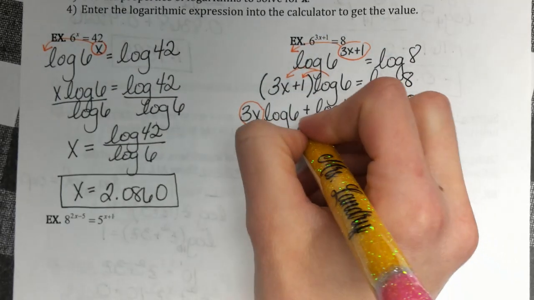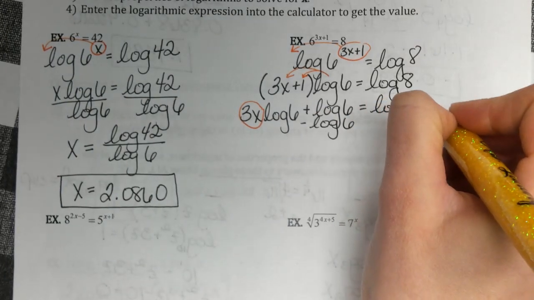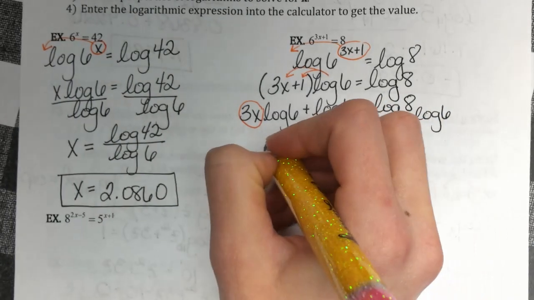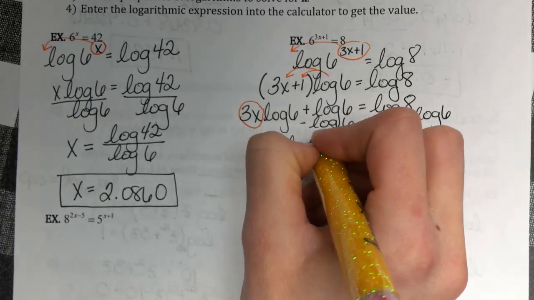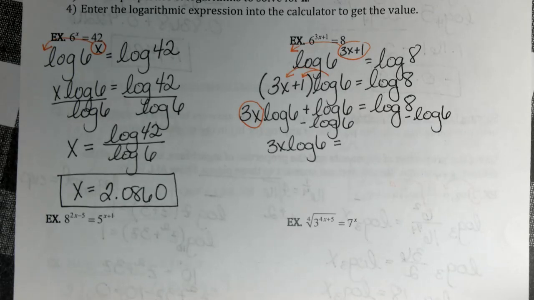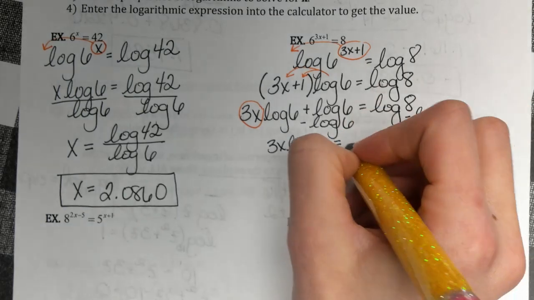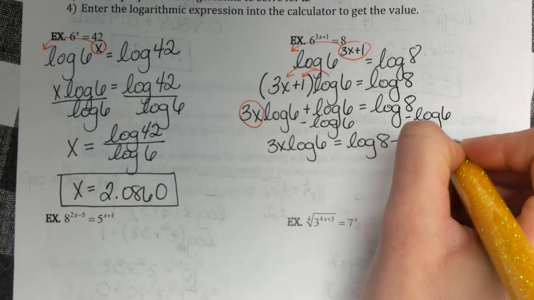So I'm going to subtract log of 6. So I have 3x log of 6 equals... will log of 8 minus log of 6 become log of 2? No. Please don't do that. They're two separate terms. So I just copy it down, log of 8 minus log of 6.